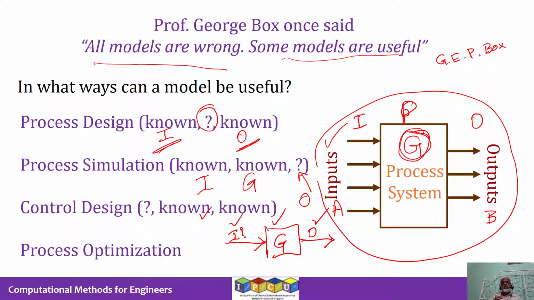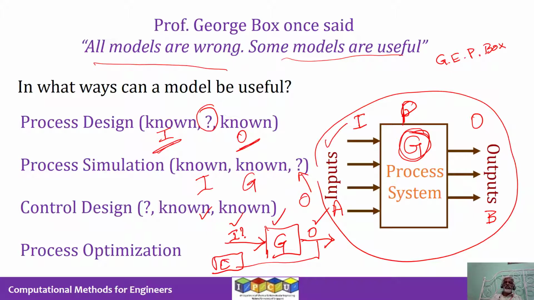So in the control design problem, the output is specified. I know what the market wants, what I need to deliver to the market. So that's fixed. Then the control design problem is: how do I create a system that, given G and the output, will calculate the input? This is the feedback controller. The question there is, what is the automatic controller C, or what are going to be the operator actions?